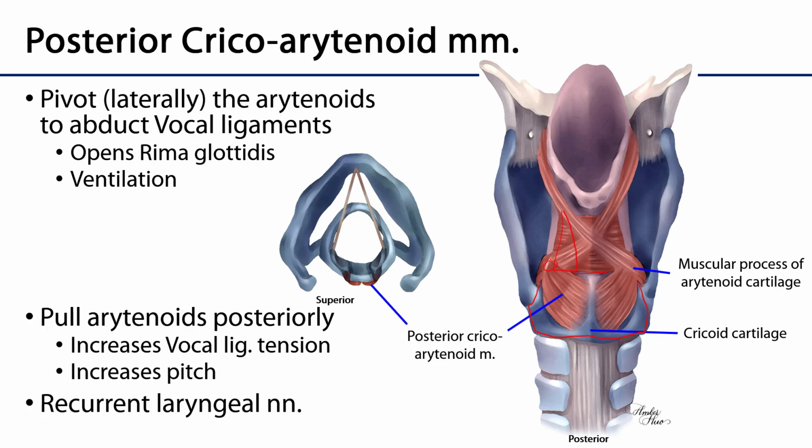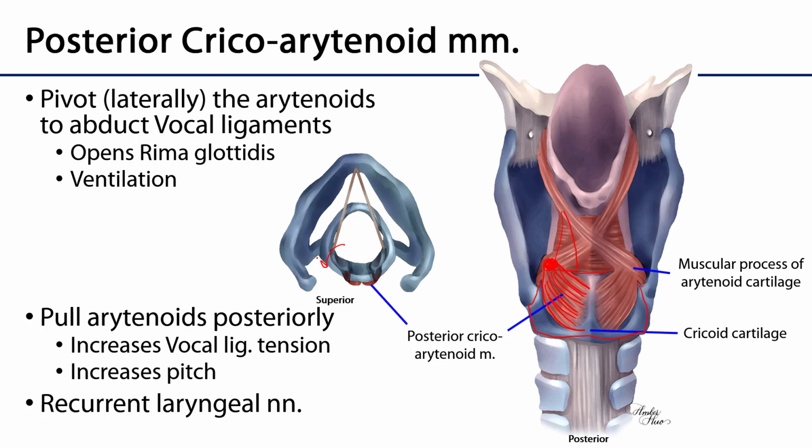And out laterally here is going to be that muscular process of the arytenoid cartilage. So the posterior cricoarytenoid muscle runs from that muscular process back to the posterior aspect of the cricoid. So very well named. Very, very well named muscle. When that muscle contracts, it outwardly pivots, and we are able to abduct the vocal fold and open the rima glottis.